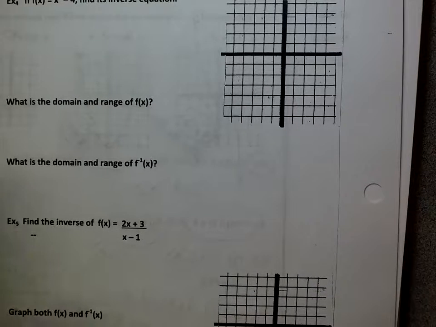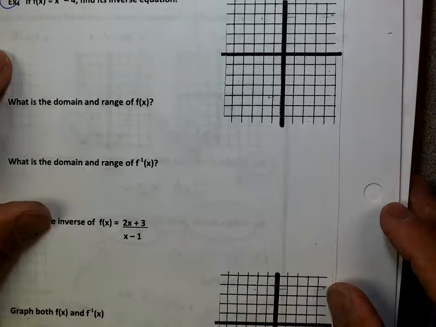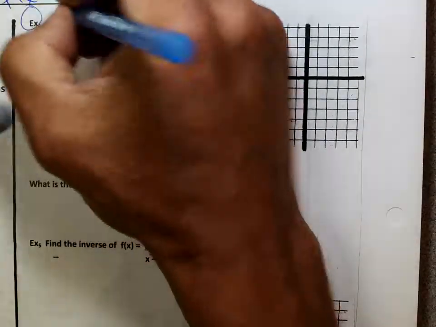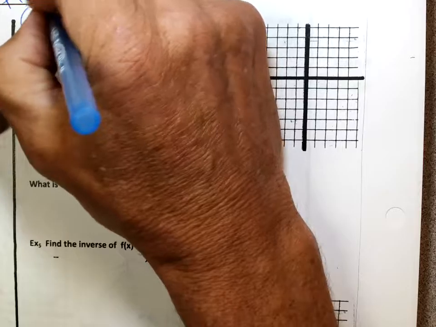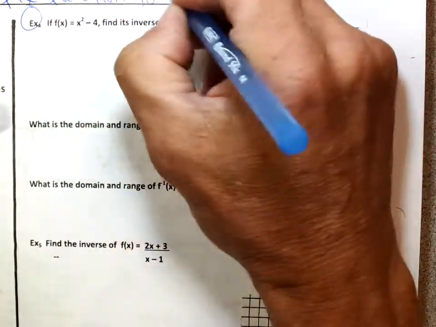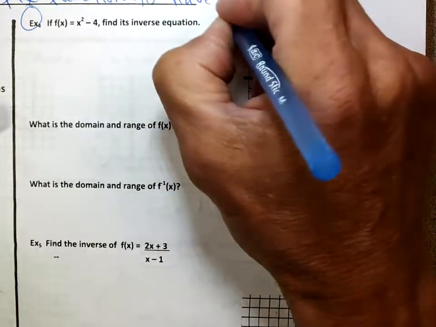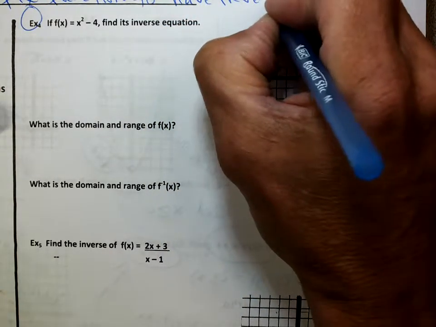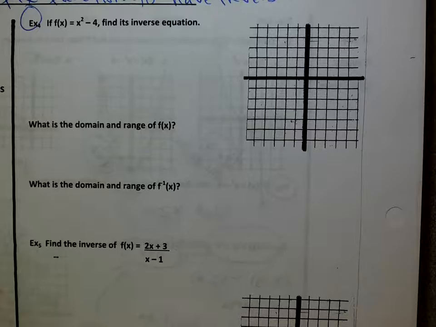All right, let's go back to this one. Example 4. What we're going to do now is fix functions to have inverses. I'm going to do this in pencil because I have to do some erasing.